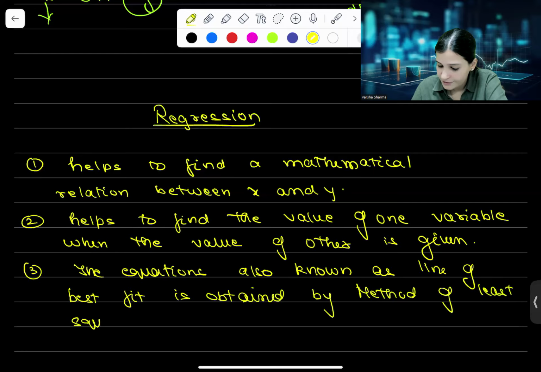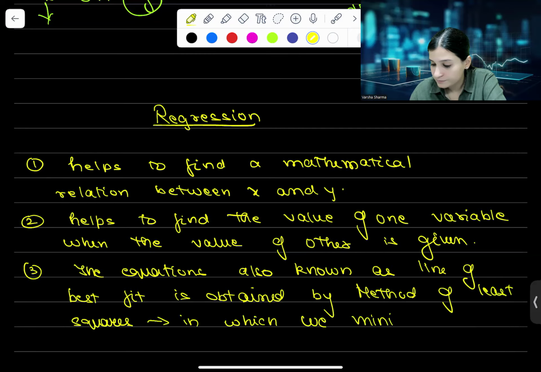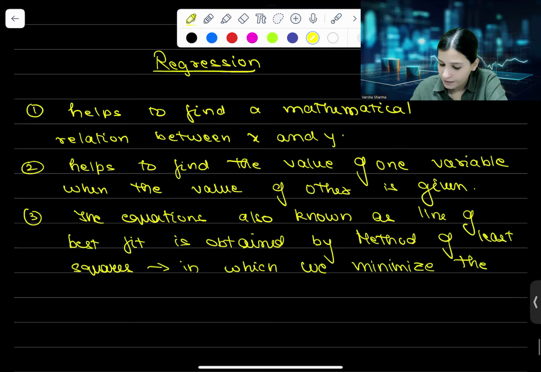Method of least squares, in which we minimize the error or residue. What is error or residue?